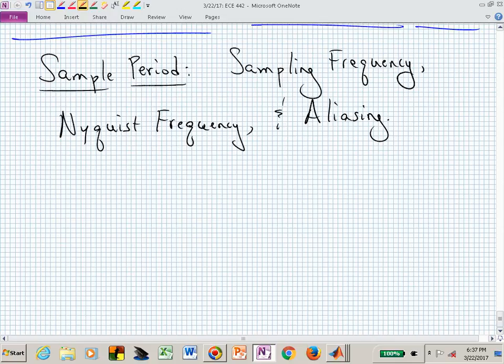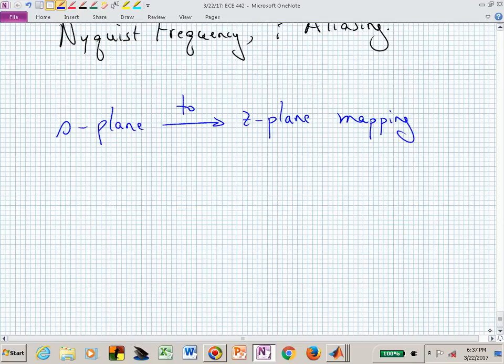In terms of what we've been playing with, the S-plane to Z-plane mapping helps us sort of connect these ideas. And we've been using, to make this connection between the S-plane and the Z-plane, z is equal to e to the sT. But when we did that, that now is introducing our sample period.